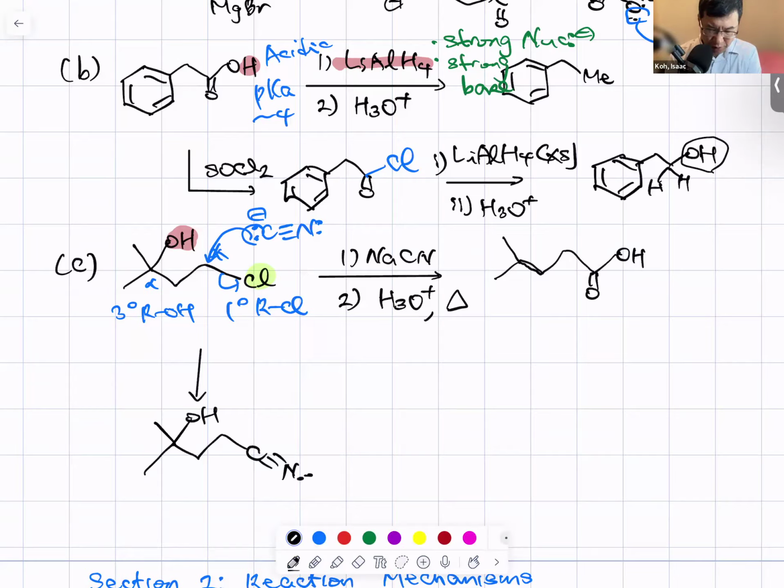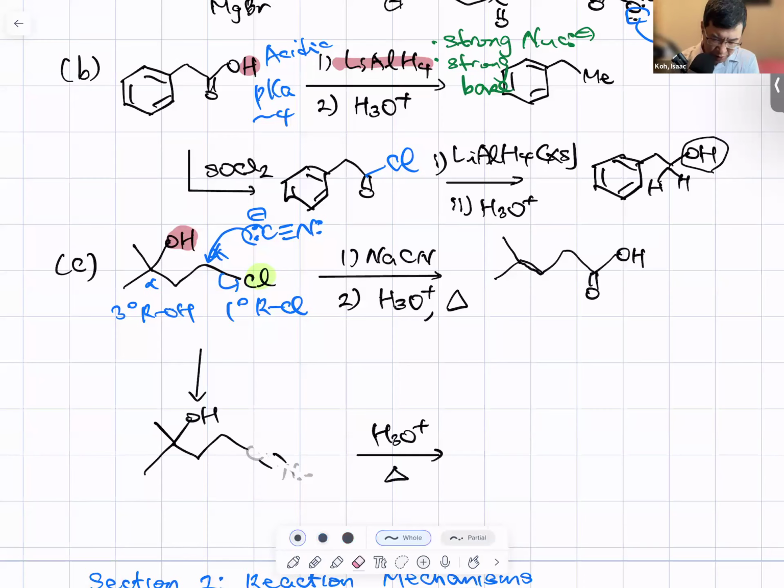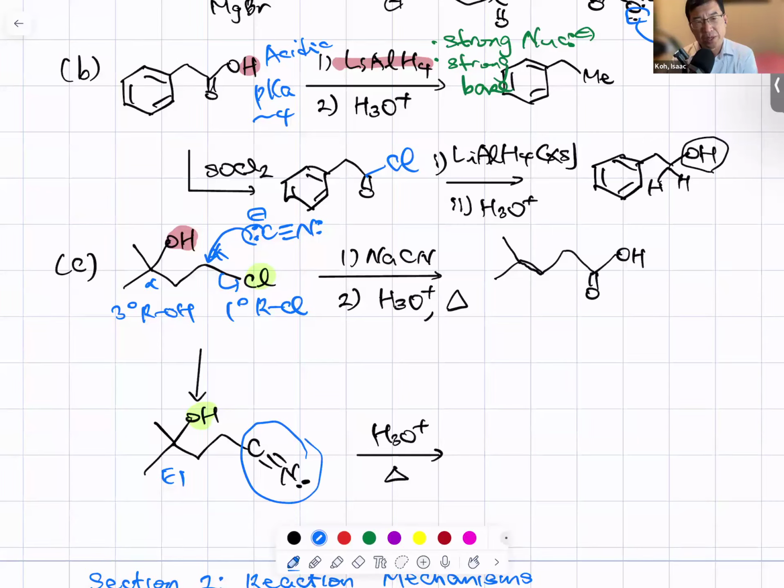And when you treat this one in strongly acidic condition at reflux temperature, not only will this cyanide functional group be turned into a carboxylic acid, but also this tertiary alcohol will be protonated, will leave, and E1 reaction will occur.